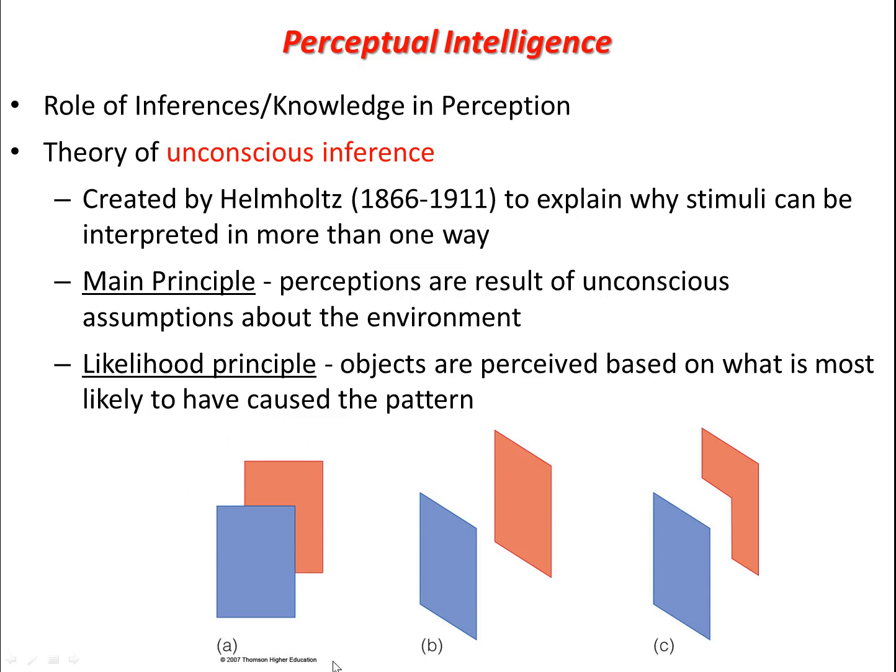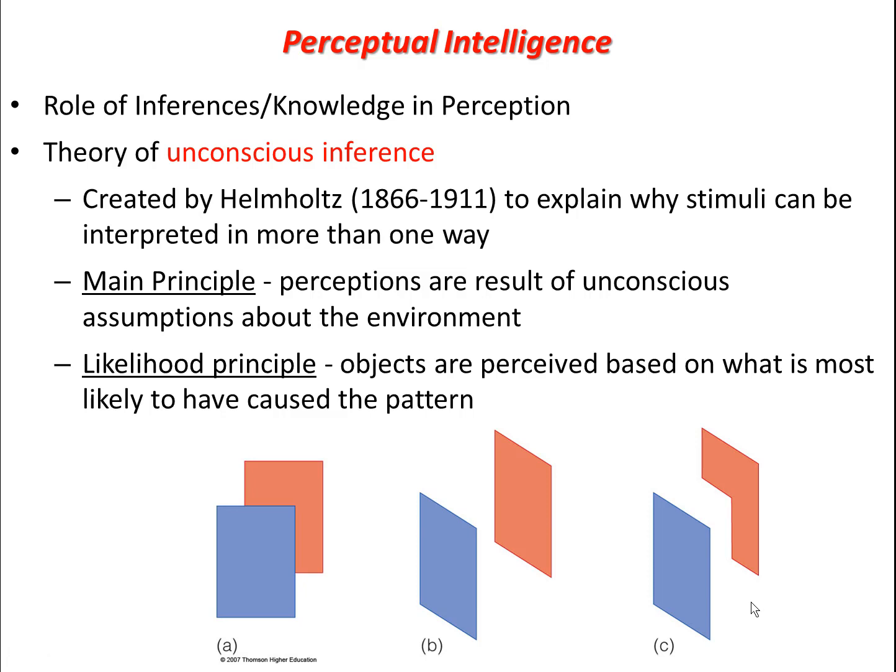And when you see two rectangles juxtaposed in this manner, almost everybody perceives it as two rectangles where one is occluding the other. And almost no one reports seeing a blue rectangle and a red L in this context.